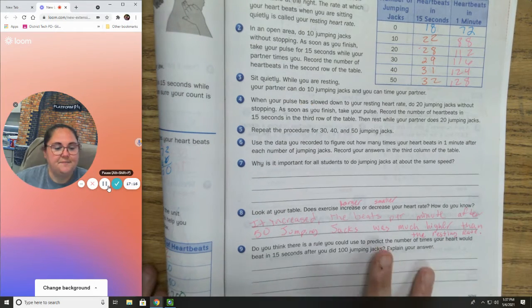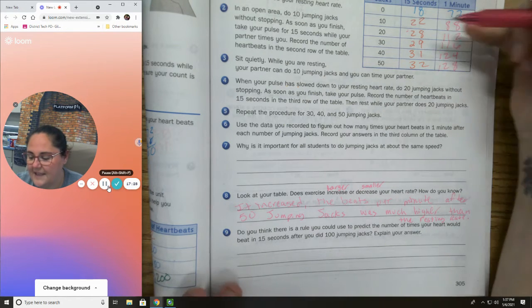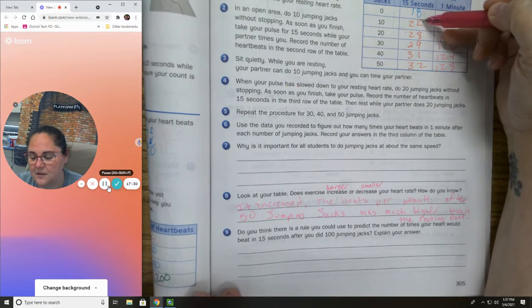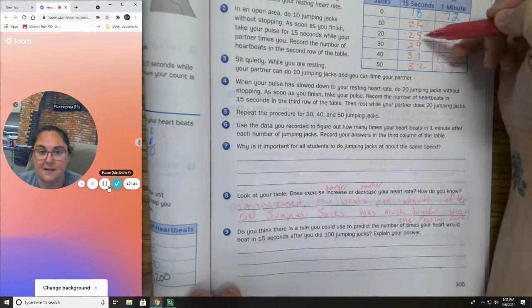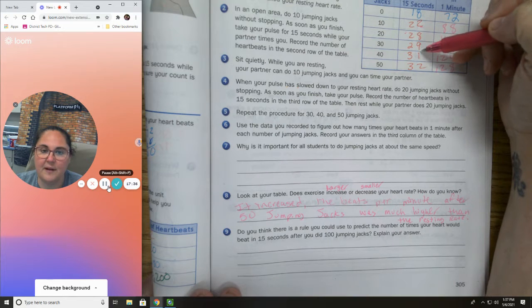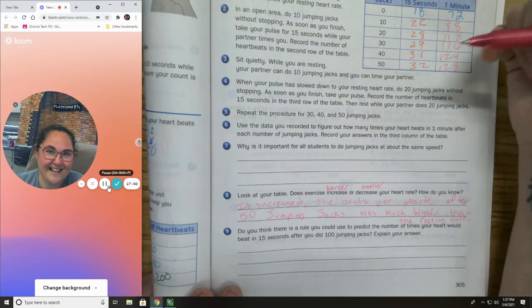All right. Do you think there's a rule you could use to predict the number of times your heart would beat in 15 seconds if you jumped 100 jumping jacks? And explain your answer. I see that this only increased about 4, and then this was a big jump. It increased 8. And then it was little by little from here. That's not consistent.